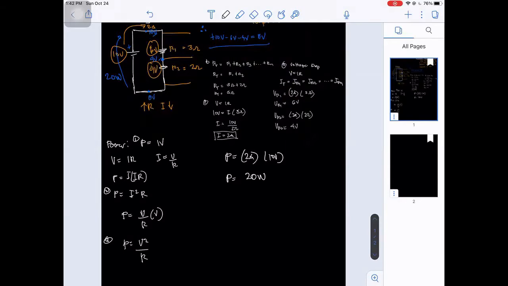Let's say we will use this formula: P is equal to I squared R. So P, the total current is 2 amperes squared multiplied by the resistance of R1, which is 3 ohms. So the power is equivalent to 12 watts.